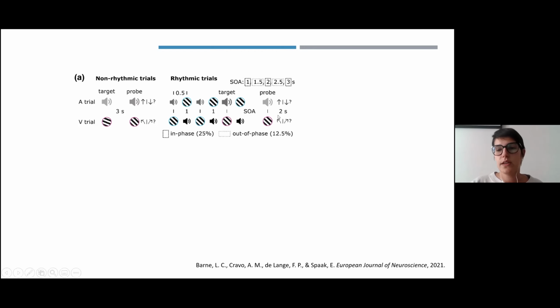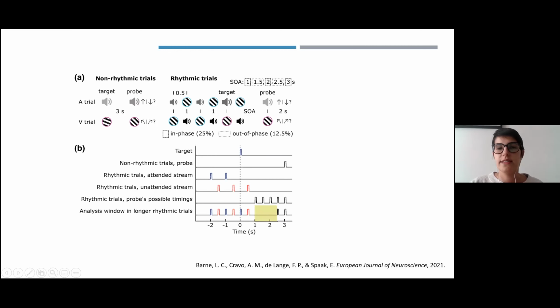And this is again what I explained. So we have the target. In the non-rhythm trials, the probe was 3 seconds after, and the analysis window will be just for the longer rhythm trials to be compared with the non-rhythm trials.